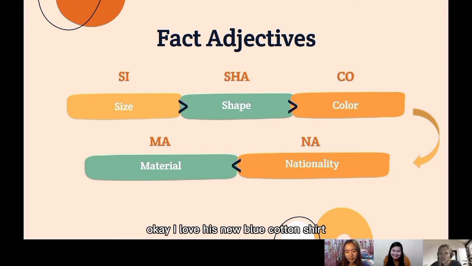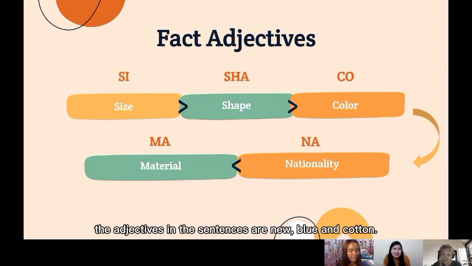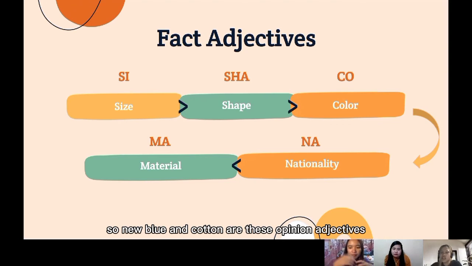Okay, I love his new blue cotton shirt. Now, what are the adjectives used in your sentence? The adjectives in the sentence are new, blue, and cotton. Are these opinion adjectives or fact adjectives?